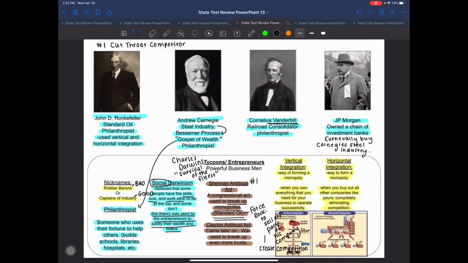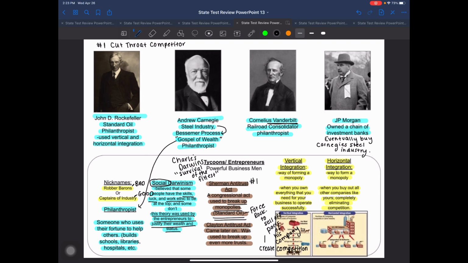It keeps prices at a decent rate because if you have a business and there's another business in town doing the same thing, the only way you're going to attract more customers is to have cheaper prices. So it keeps prices at bay. Now, to be honest with you, the Sherman Antitrust Act was good.